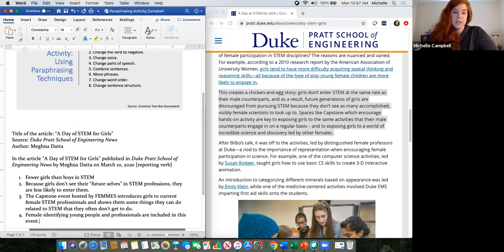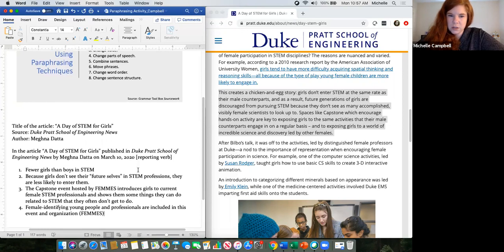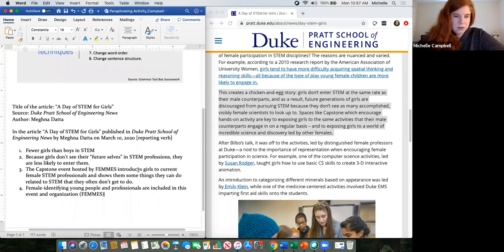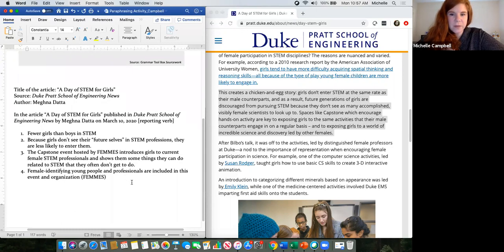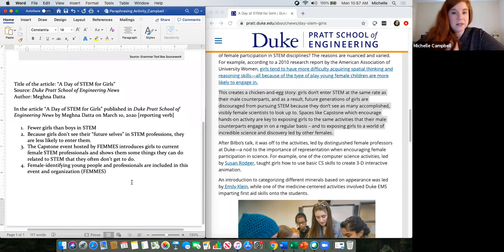Okay, and organization, just going to put femmes there so I remember it. Let's see, is there anything else that I want to put here? Okay, so I think these are the main ideas from these two sentences, at least for me.